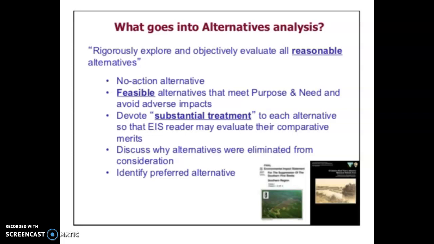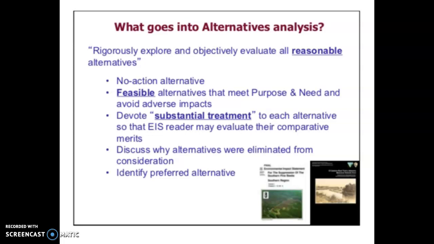So what goes into alternative analysis? They'll rigorously explore and evaluate, and this is how it's outlined, to objectively evaluate all reasonable alternatives. There's the no action alternative, and there's feasible alternatives that meet the purpose and need of the action and avoid these adverse impacts.